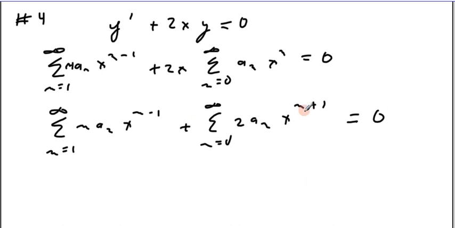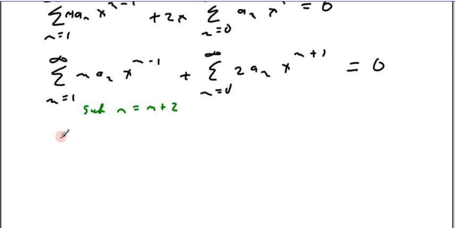Okay, so I want to get the exponents to be the same, and I want to do as little work as possible, so I'm going to do a substitute. n is equal to n plus 2. Okay, because if I put an n plus 2 for that n, I'll end up with an n plus 1 and get the same as I have over there. Okay, so that should be nice.